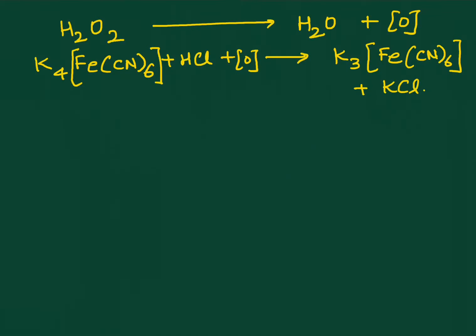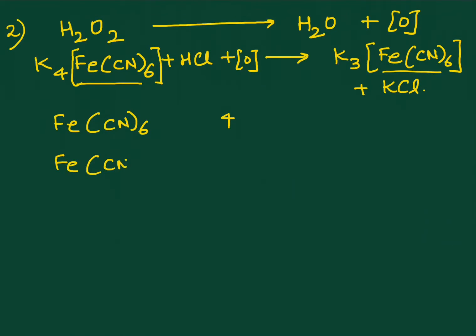Now here I have written the 2 steps of the second equation. The ferrocyanide to ferricyanide. Ferrocyanide is Fe(CN)6 with valency 4. Fe(CN)6 is also ferricyanide, where the valency or the oxidation state is actually 3.